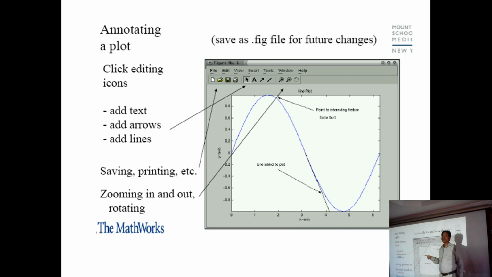If you observe the figure window, different shortcuts are available. Just like when you open a Word document in Microsoft, there is file, edit, view, review, and a lot of icons. Similarly in MATLAB, when you try to draw a plot, a figure window opens and you have all these shortcuts here.